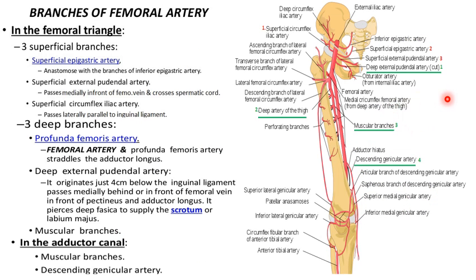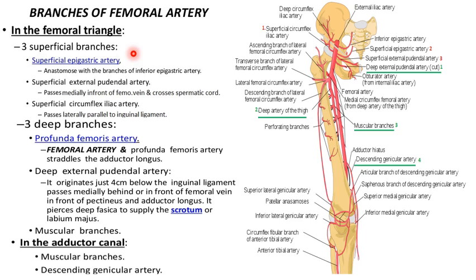Now coming to the branches of the femoral artery. We can divide the branches into the branches in the femoral triangle and branches in the adductor canal. To be more gross, before dividing the branches, when we just see the branches of the femoral artery, there are 3 superficial branches and 4 deep branches.